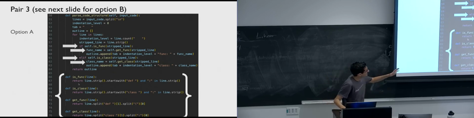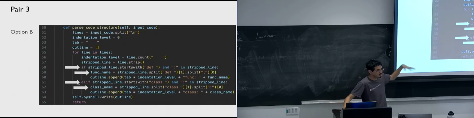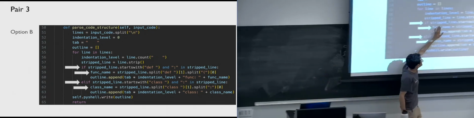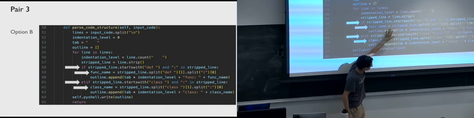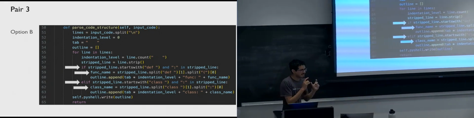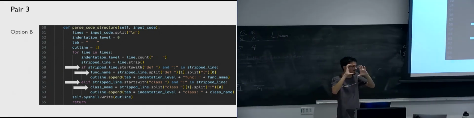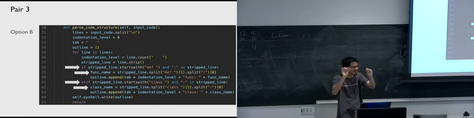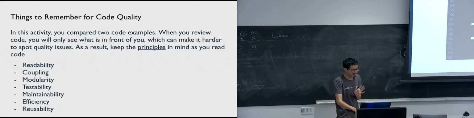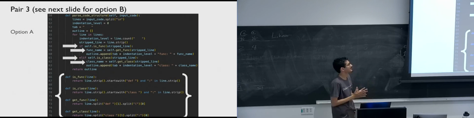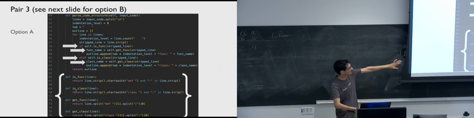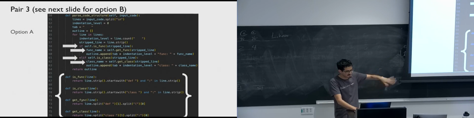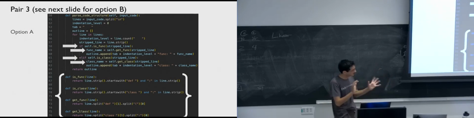Even with this approach we could still test all these different scenarios, but we would need a bit more thought about what dummy code we're going to put in and what we're expecting. With option A, we can very easily test is func, is class, get func, and get class.